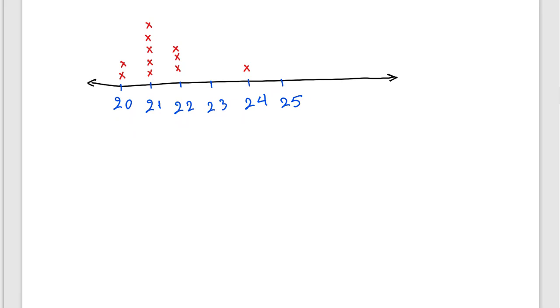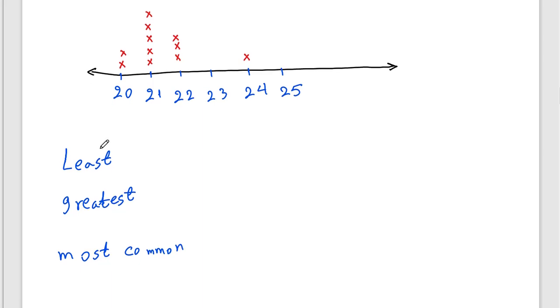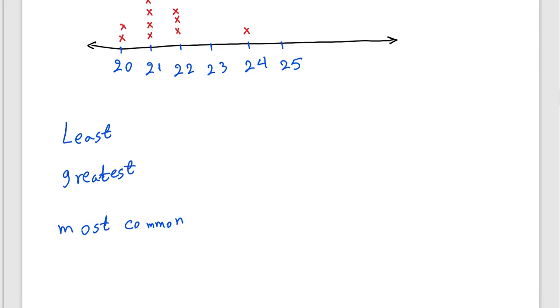So I will ask for the least age or the youngest player, and the greatest age or the oldest player. Also I will ask for the most common age, and I will ask for the outlier.